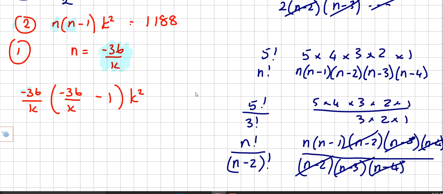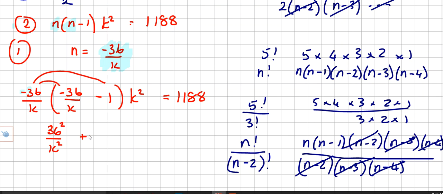And that is going to equal, and although that looks horrible, I can already see it's actually going to end up quite nicely. Because minus 36, I'm just going to write 36 squared for the moment, and that would be over k squared.